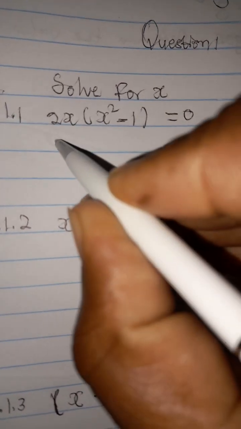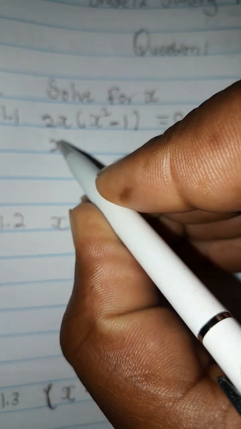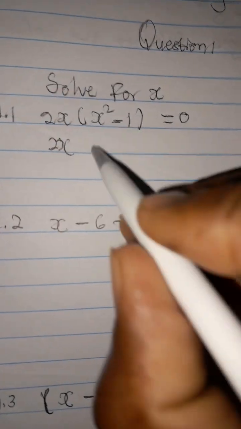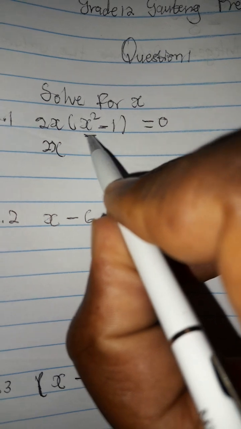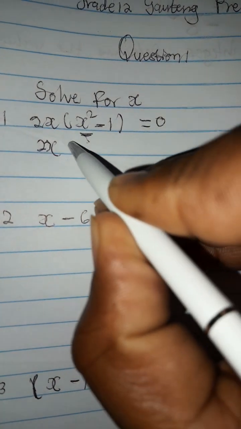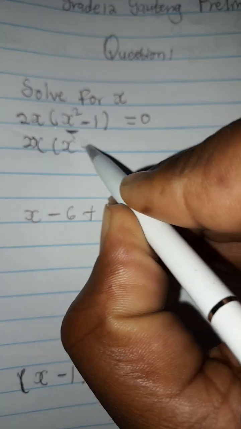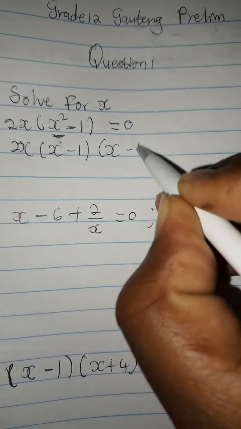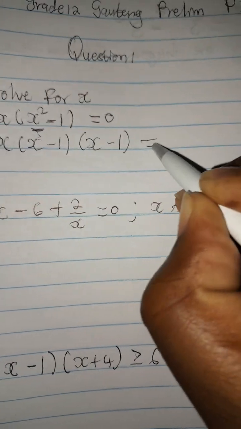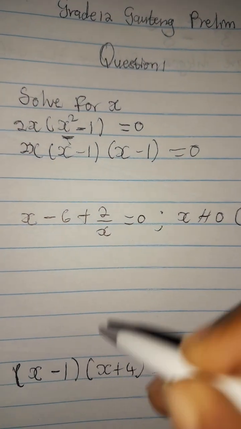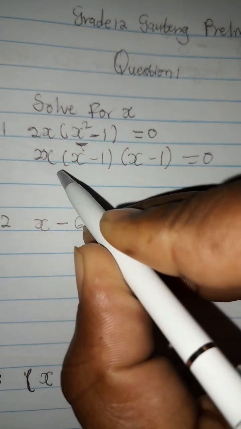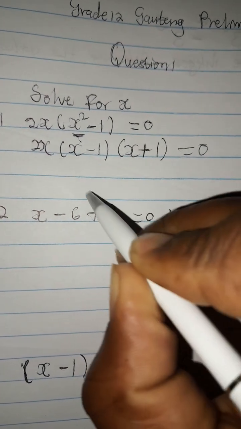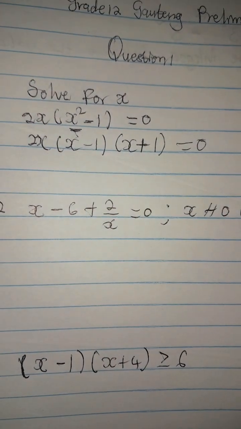First thing first, we factor out 2, then we can see, guys, that there is a difference of squares, so you're going to say x minus 1 as well as x minus 1. Since it is a difference of squares, it will have different signs, so one will have a negative sign and the other will have a positive sign.